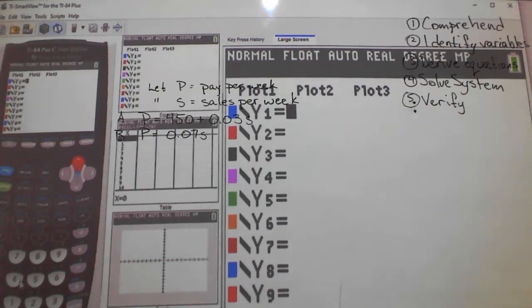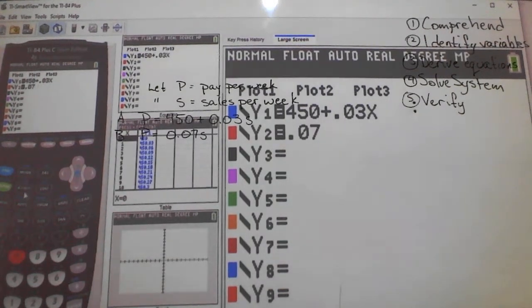So plug that in, 450 plus 0.03, hit the variable button, which is in the upper left-hand corner as well, 0.03x. So there's our first equation, cursor down to the next line. Plug in our second equation, the simpler one, which is just 0.07 times the variable s. Here's our two equations.